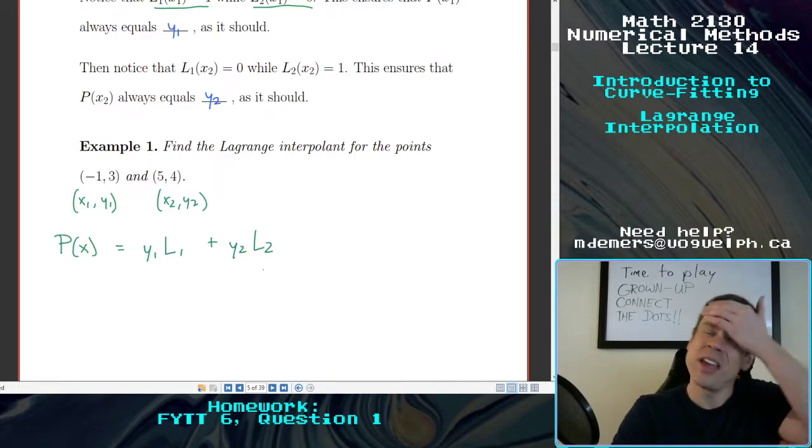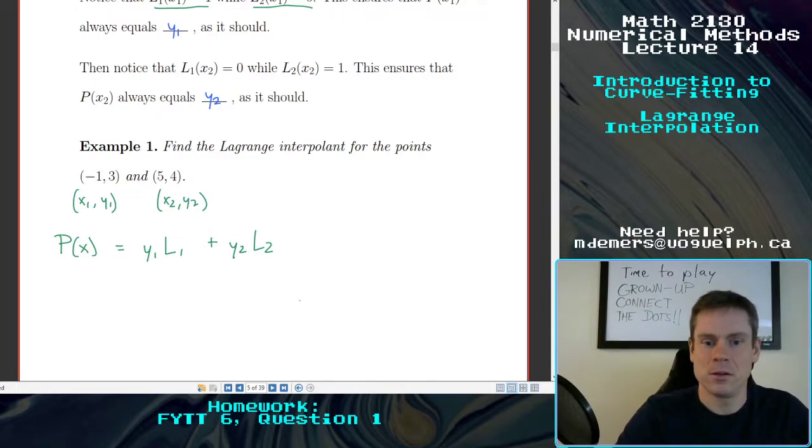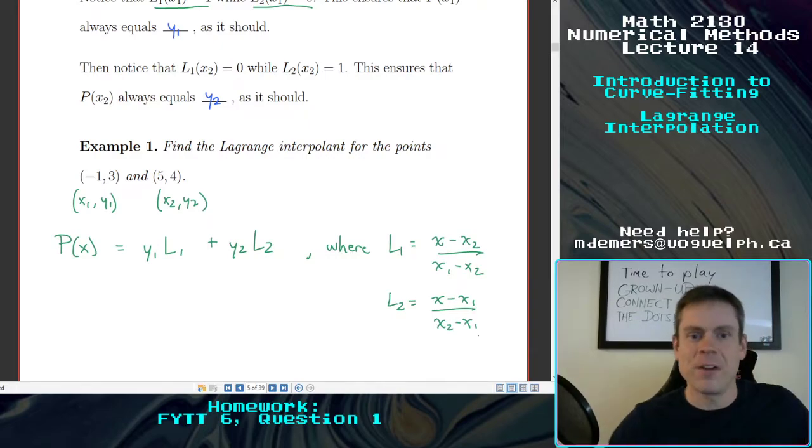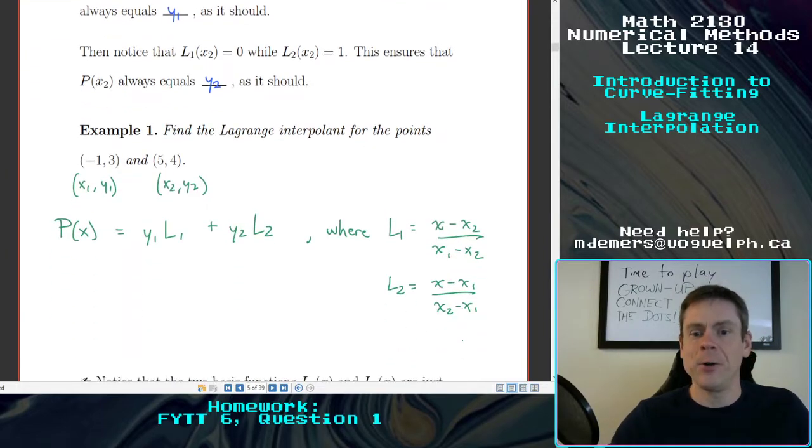And what are L1 and L2? Let's remember from before. L1 is x minus the other one over x1 minus the other one. L2 is x minus the first over x2 minus x1. I'll verify that that's the case, and I think we're good to go.